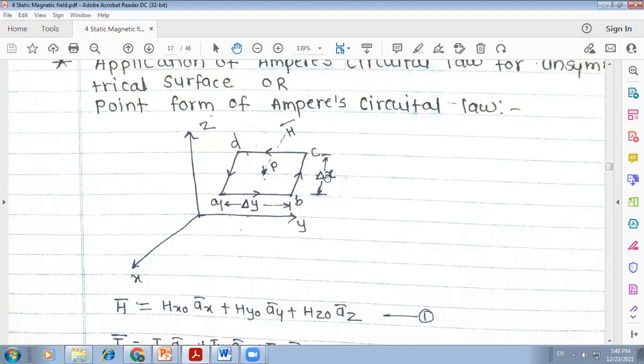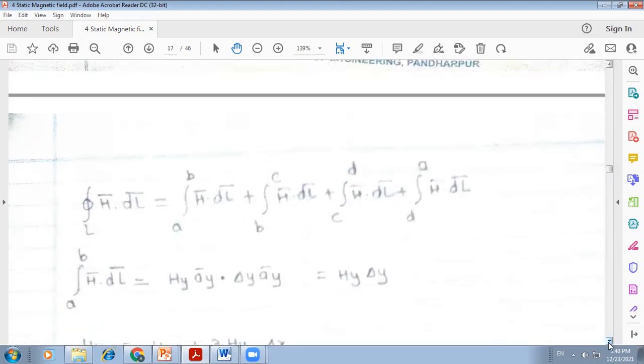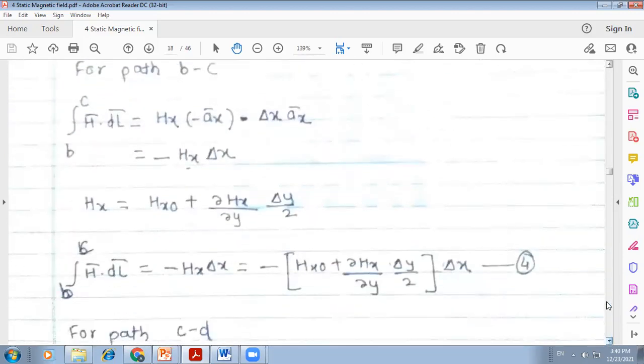You can take it as a plus only. So dl is nothing but the differential length, delta x into the plus unit vector, that is plus a bar x.